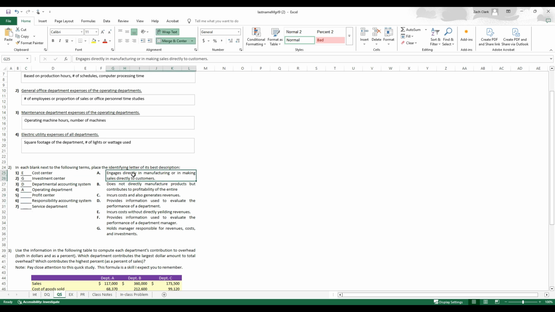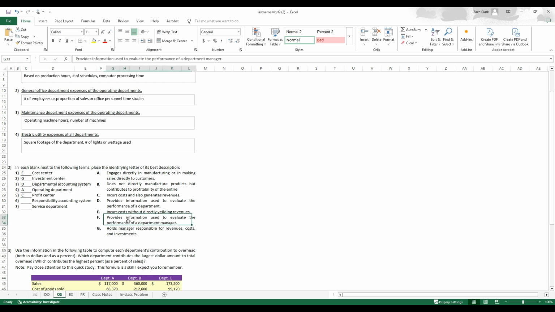You can generally calculate net income of each operating department. I guess that would be more of our profit center. The operating department can be in that sales role, but also directly in manufacturing versus support. So that's one distinction there. The profit center incurs costs and generates revenues. So that's C.